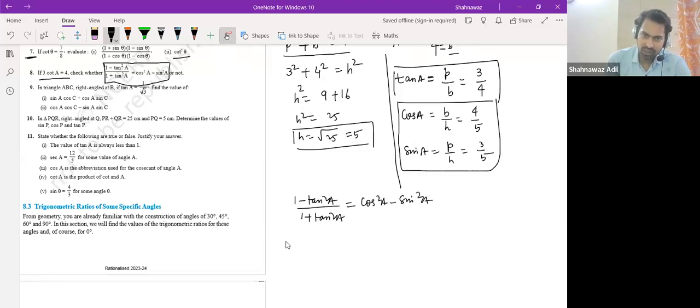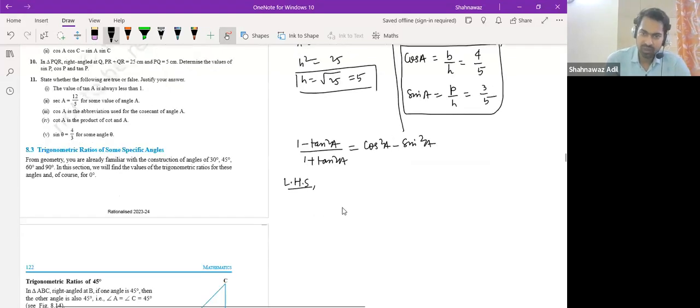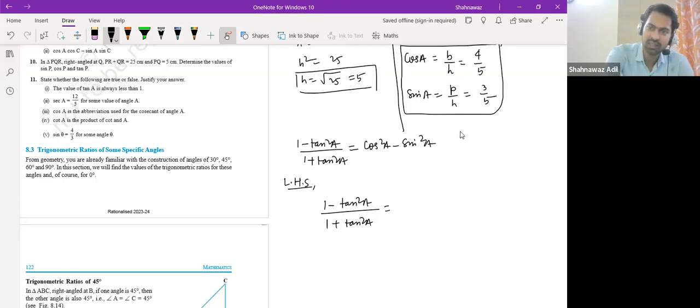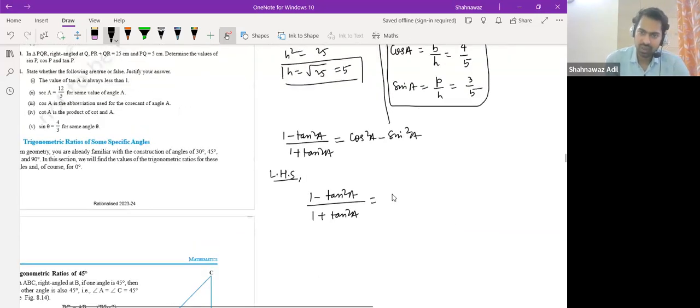Okay, so let us take the LHS for now. LHS is 1 minus tan square A divided by 1 plus tan square A. Tan A is 3 by 4, so we just plug in the values. 1 minus 3 by 4 square, divided by 1 plus 3 by 4 square.